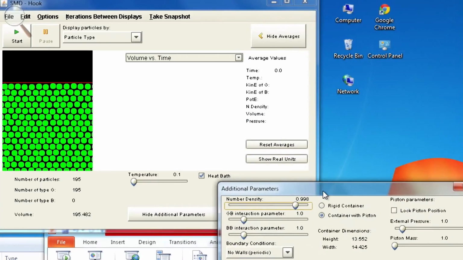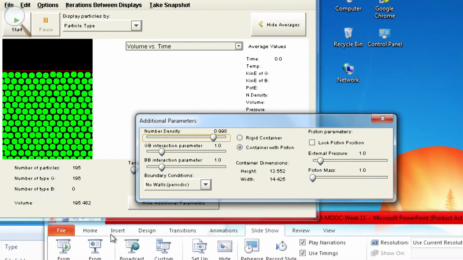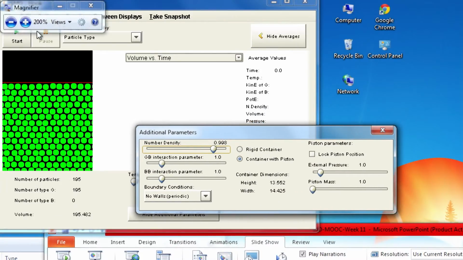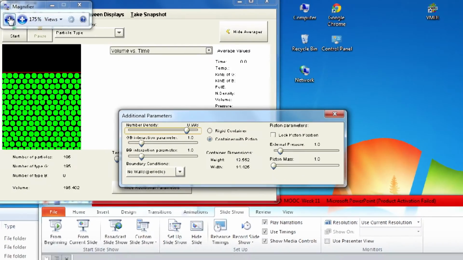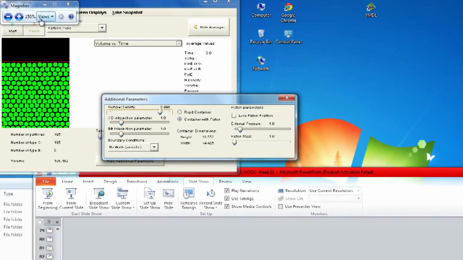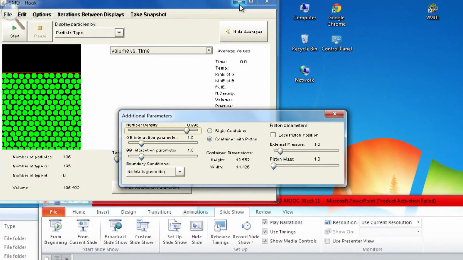These are 0 at the beginning. Let me make the magnification slightly lower. Okay, that should be good. Now let's make it big.